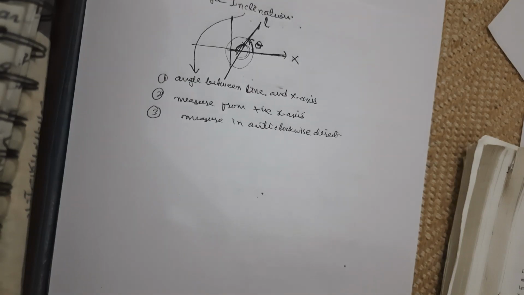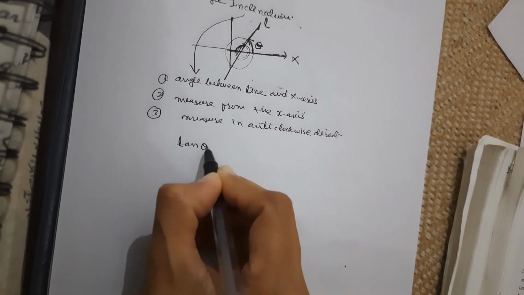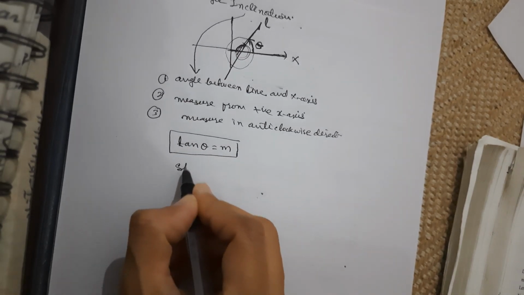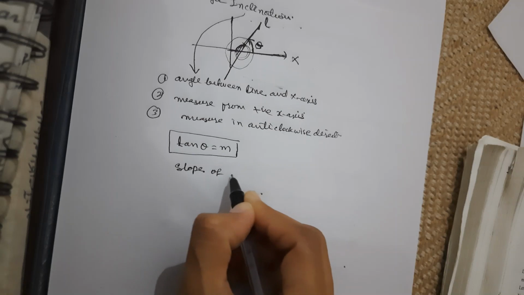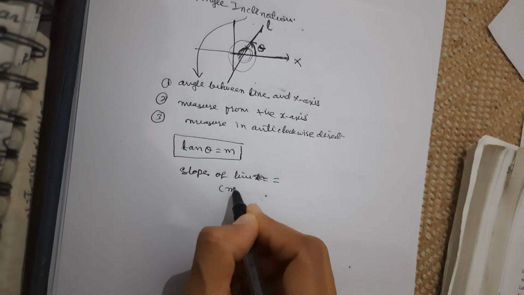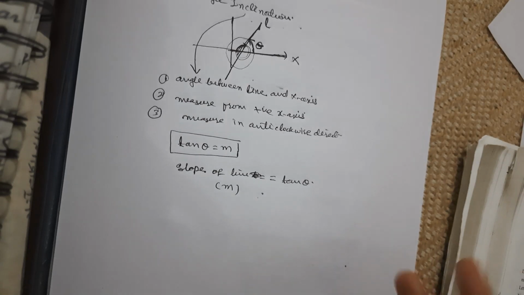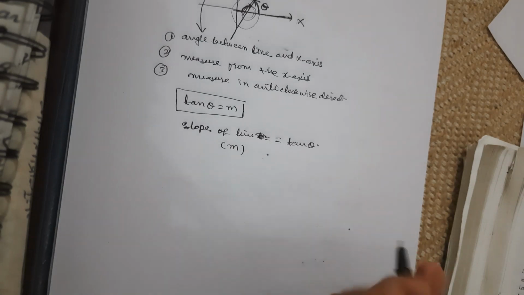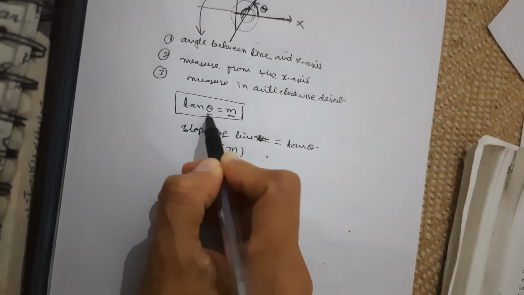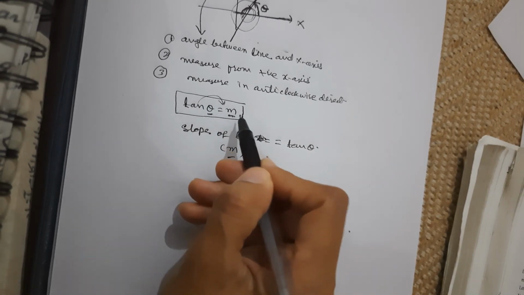Now next we see that the tangent ratio of the angle of inclination gives you the slope of that straight line. So we say that the slope of line L, which we always indicate by m, is m equal to tan theta. Now if you know the slope value and you want to calculate the angle of inclination, you just take tan inverse to this side.